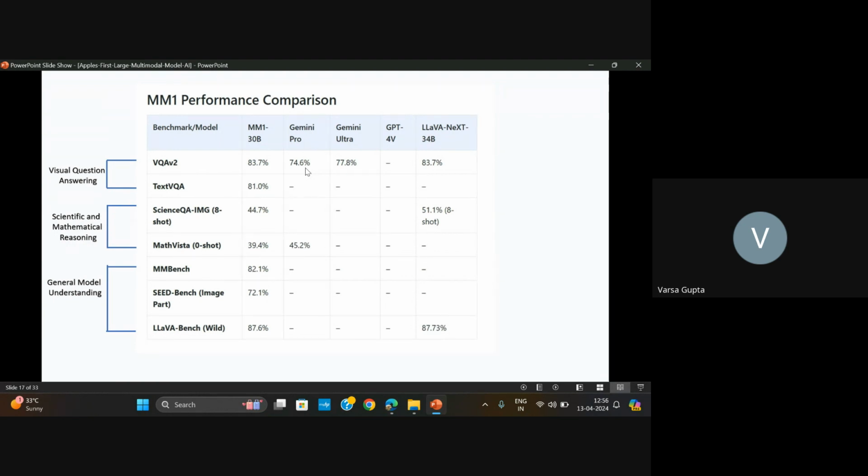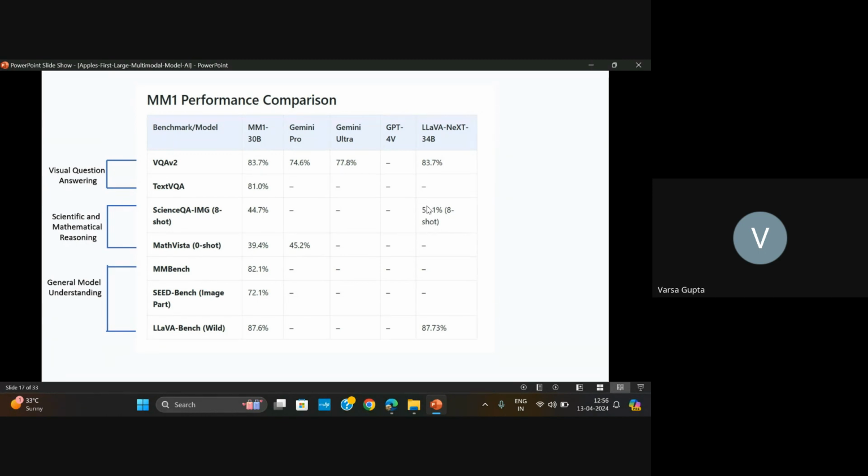In the science and math benchmark, MM1 shows commendable performance with a score of 44.7% with 8 shot setting, though LLaVA-NeXT has a score of 51.1% with 8 shot.